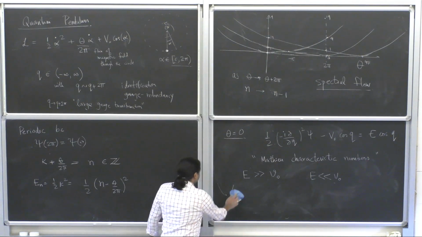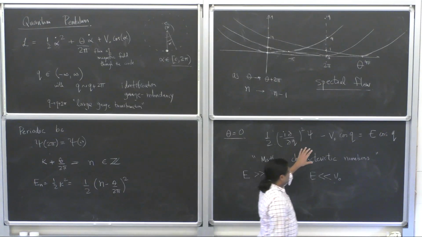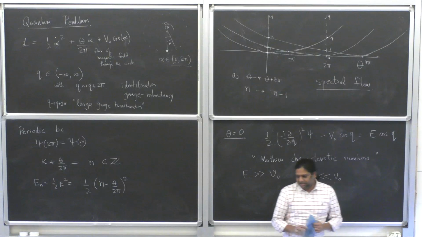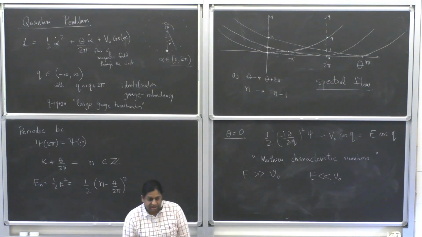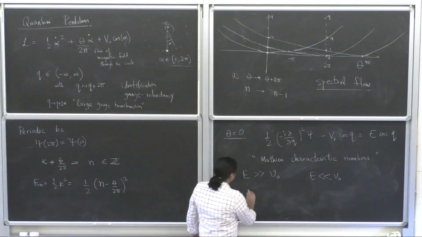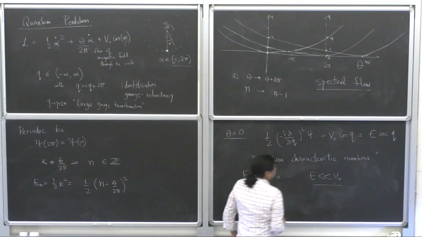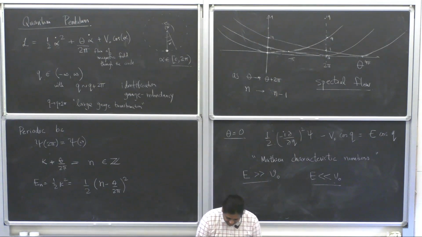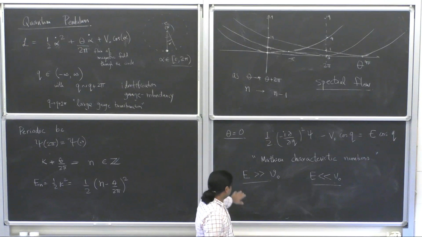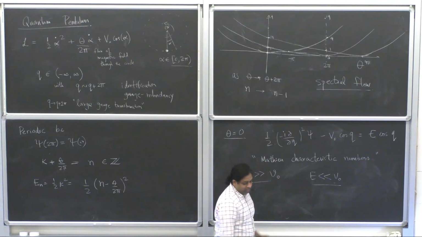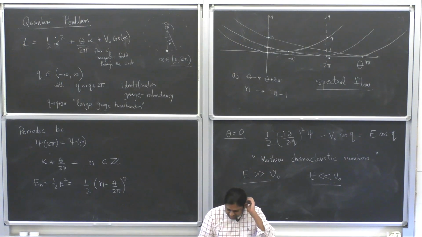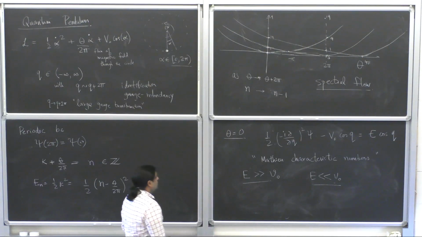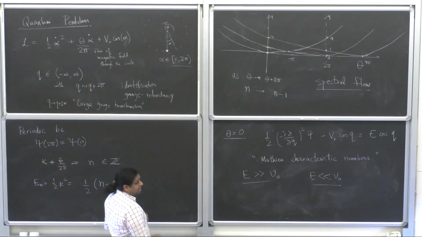So when you look at the eigenvalues for this exact equation, it's nice to see that it interpolates between these two limits, and to see at which energies the turnover happens between the harmonic oscillator-like states and the free particle on a circle-like states.